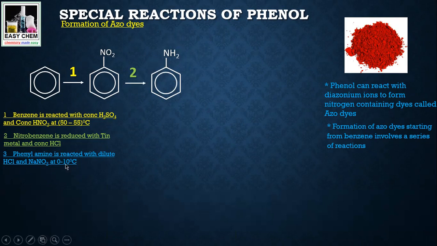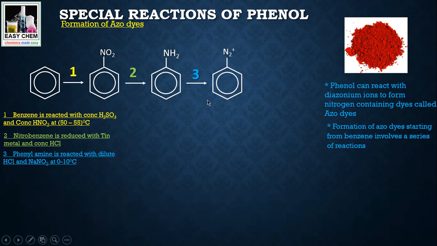When phenylamine reacts with dilute HCl and sodium nitrite at this low temperature, you get diazonium ion. This is called phenyl diazonium ion. The positive charge comes to the nitrogen atom here. There are 2 nitrogen atoms bonded through a triple bond. And this is a highly unstable molecule. So we have to maintain a temperature as low as 0 to 10 degrees Celsius.